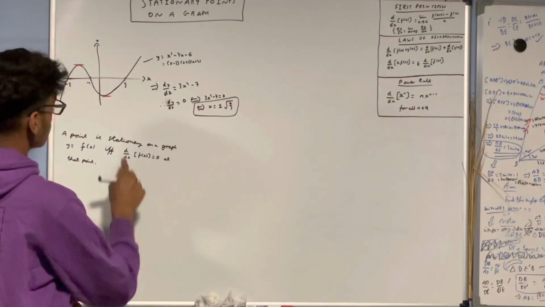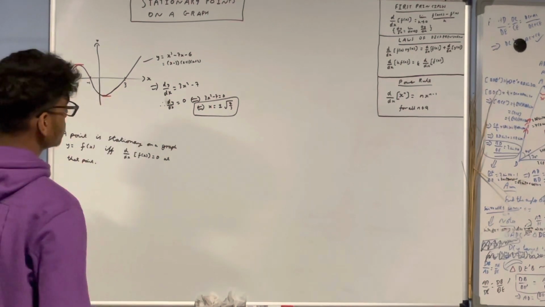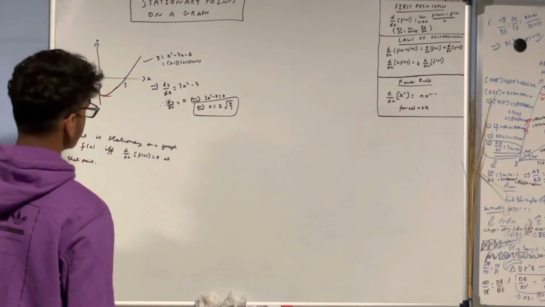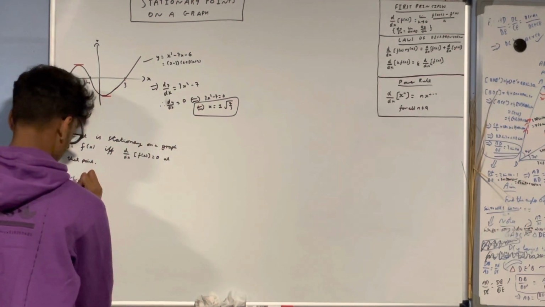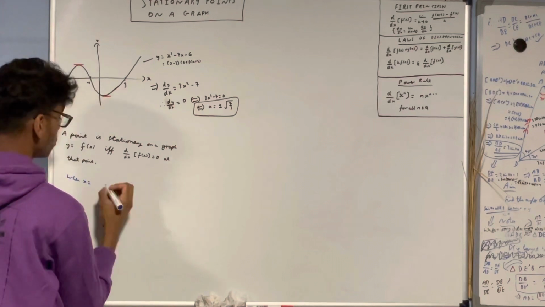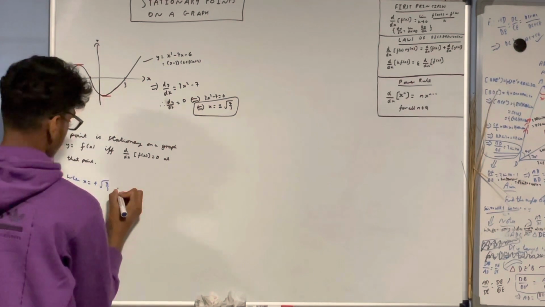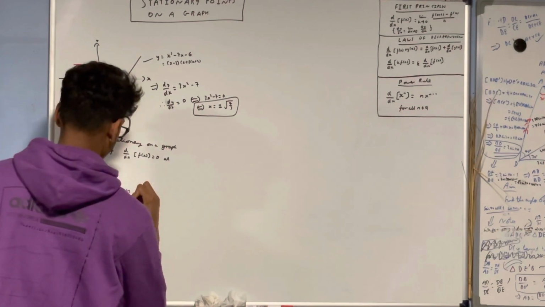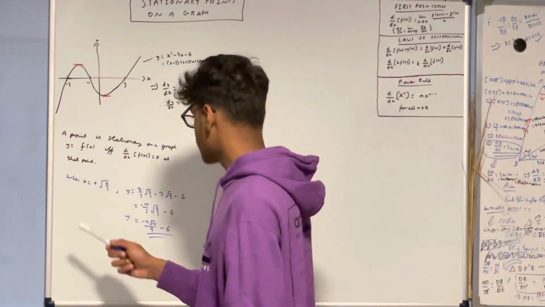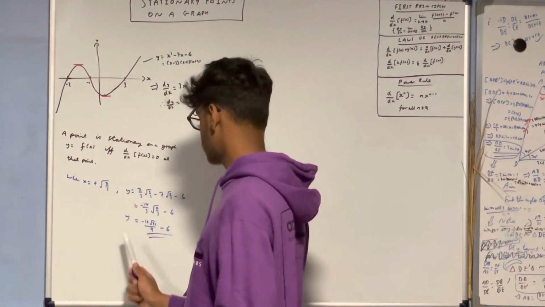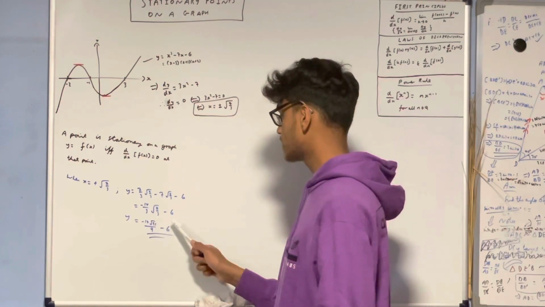So to work out what the y values are at those points on the graph y equals f of x, we need to plug in the values of x back into y. So when x is equal to positive square root of 7 over 3, then the y value at the point x equals positive square root of 7 over 3 is equal to minus 14 times the square root of 21 over 9 minus 6.